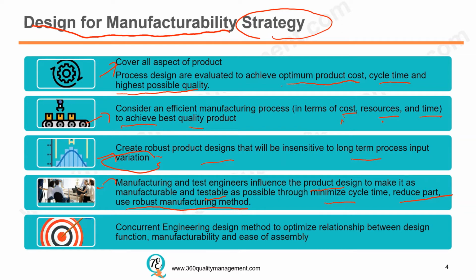That means manufacturing method robustness here means simplicity, or simplified to achieve the optimum level. And lastly, concurrent engineering design method to optimize the relationship between design functions, manufacturability, and ease of assembly. So, if all these 5 strategies were followed, don't you think you would have a product that is easy to manufacture, with good quality to the customer as well?